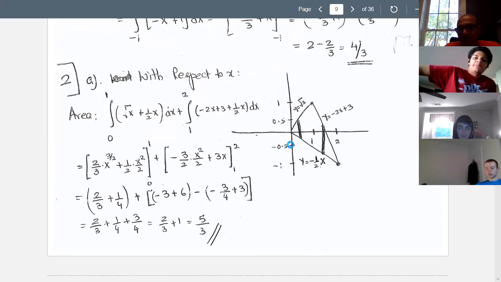Once you have these 3 points, that means you can write the equation of a line. You can consider any 2 of these points as (x1, y1) and (x2, y2), and then you can find the slope.